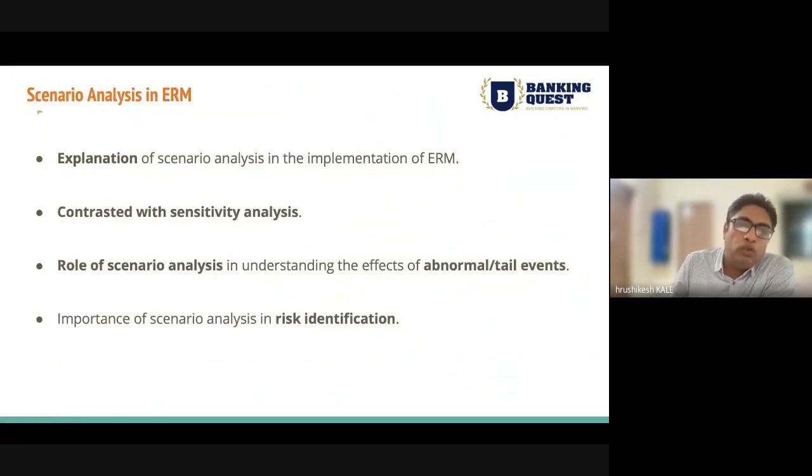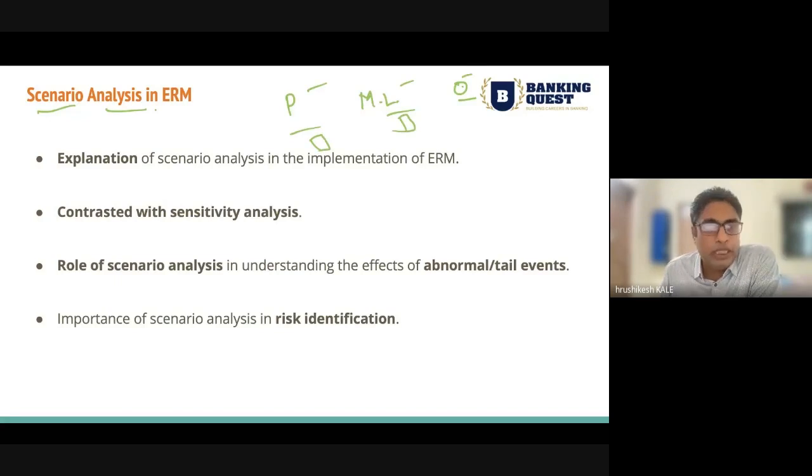I already told you what scenario analysis is. In scenario analysis, you have a pessimistic scenario, most likely scenario, and optimistic scenario, and you try to find out your books of account for each of them. Whereas in sensitivity analysis, you just change one value and try to find its impact on your bottom line, that is net profit.